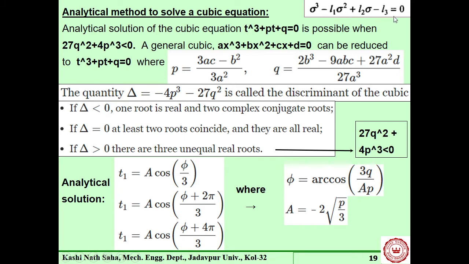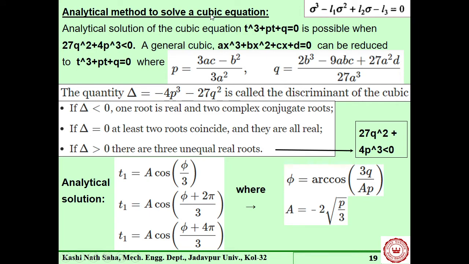Okay. Through numerical methods, we can solve it. But before going to that numerical method, which would be approximate, let us see this particular method where we have an analytical solution. Okay. So this is the method, analytical method to solve a cubic equation.